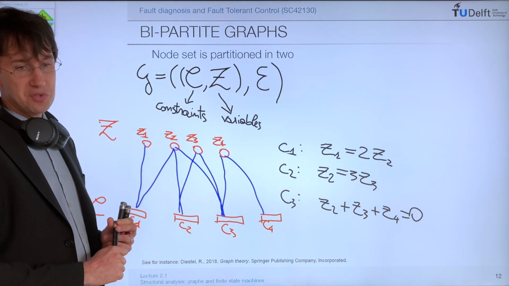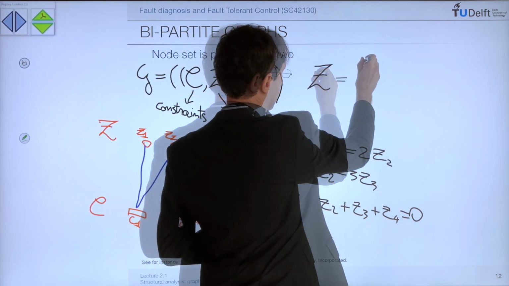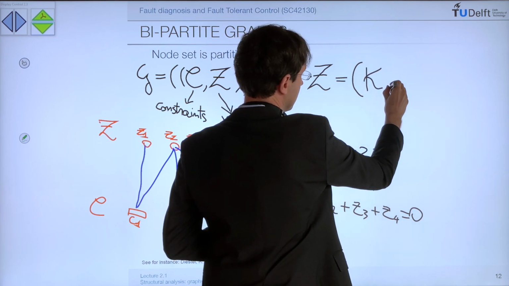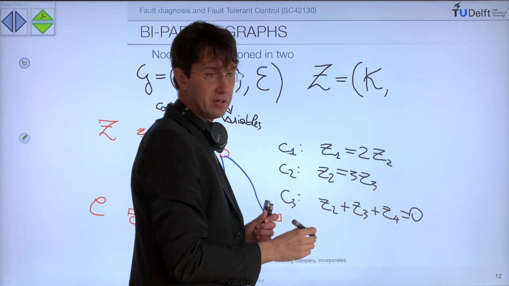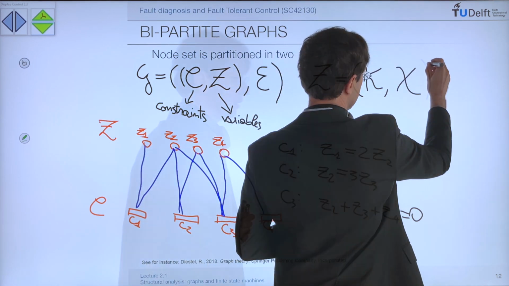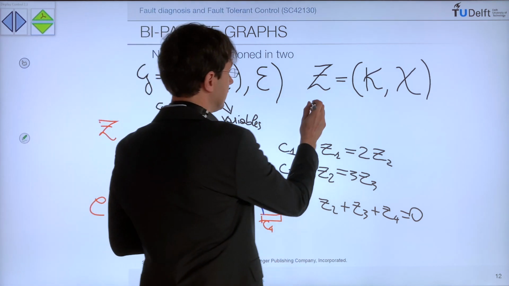It is useful to split the set of variables into a set of known variables and one of unknown variables. And similarly, you can split the constraint set into 2.